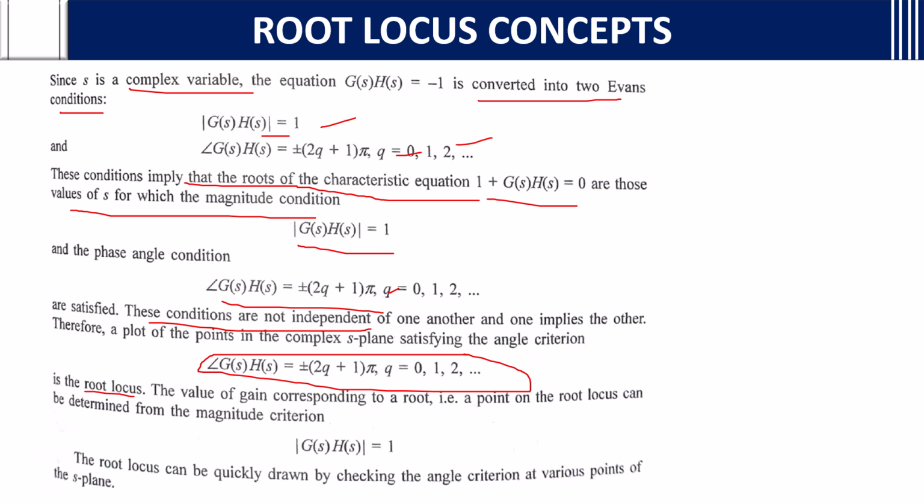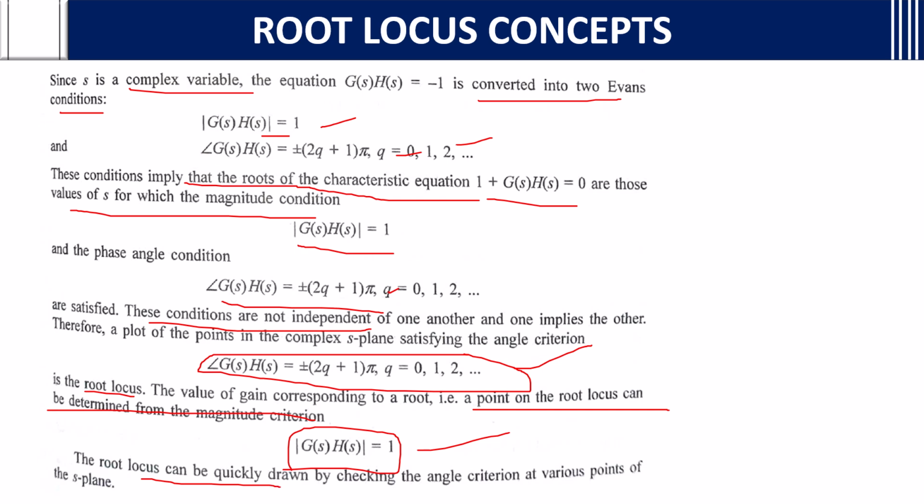The value of gain corresponding to a root, that is, a point on the root locus, can be determined from the magnitude criterion. The angle criterion is used to find the locus.